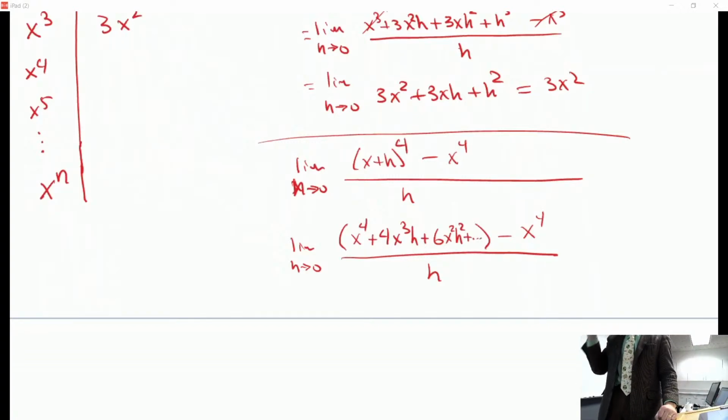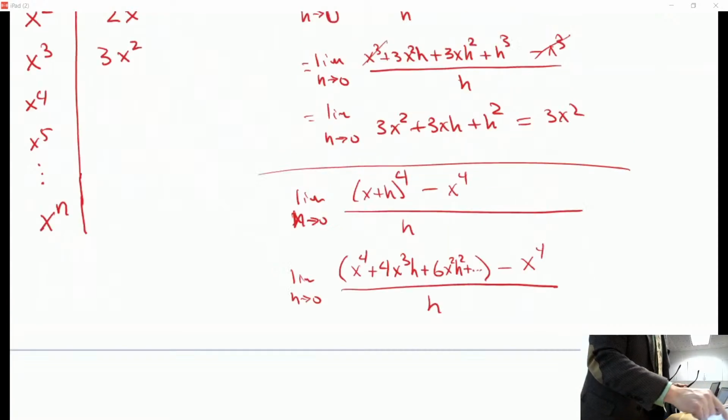And you might say, well, doesn't that stuff matter? It doesn't matter. The reason I know is that everything beyond that in my expansion of x plus h to the 4th is going to be stuff with higher powers of h, higher than h squared. So it'll be h cubed, h to the 4th. That stuff, when I do the limit as h approaches 0, it's going to go away.